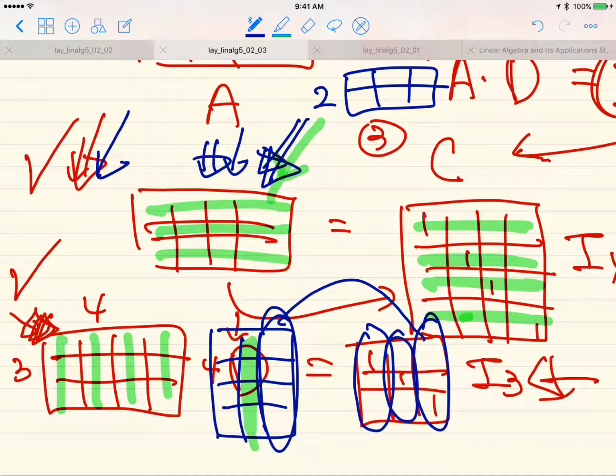Although I'm not giving a full proof, you can also understand this intuitively as follows. In the matrix A, what is the maximum number of pivots? It's 3, right? What about this one? Although it is a different size of matrix, 4 by 4, at least this matrix will have 4 pivots, right?